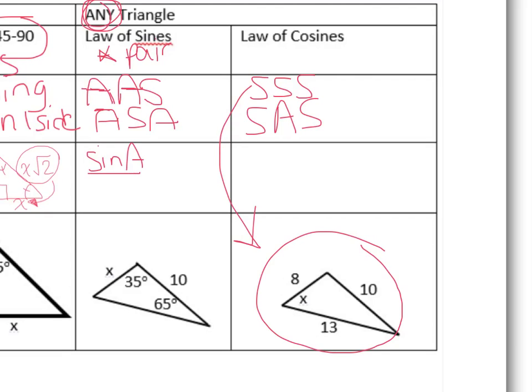So sine of an angle over its opposite side equals sine of the other angle over the other opposite side. Law of cosines is just the side you're looking for, or the side that's opposite the angle you're looking for.